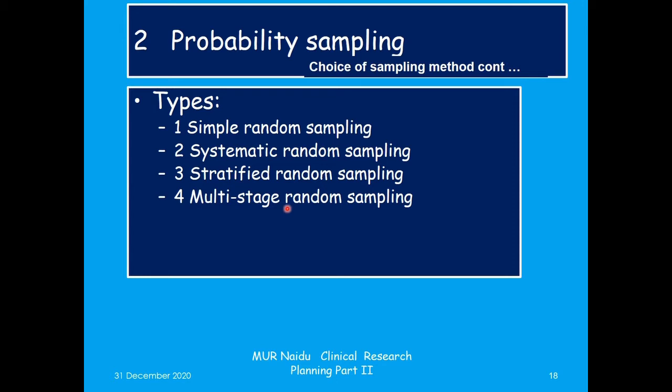Then there is cluster sampling, where people at different places are involved in a clinical trial. And the last one, the sixth, is multi-phase sampling, where one after the other we go on including the patients into the sample. I'll go into much more detail in the next slides.